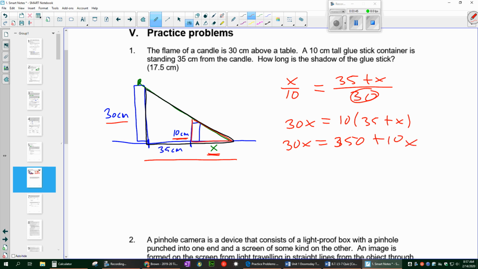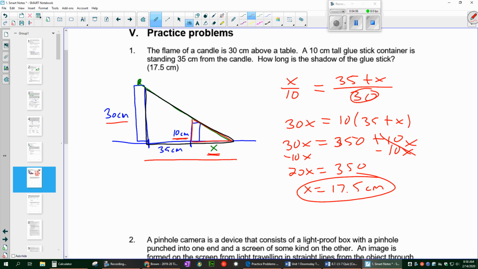I'm going to bring 10x to the other side, so minus 10x minus 10x, and we get 20x equals 350. So you end up getting 17.5 centimeters.